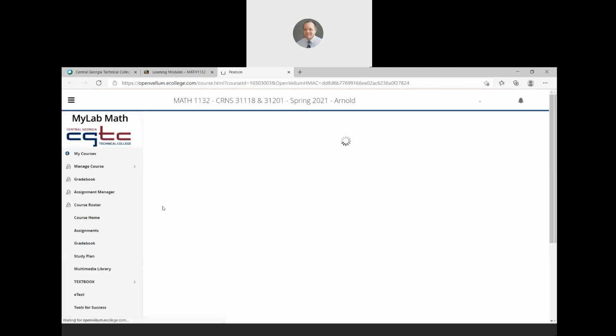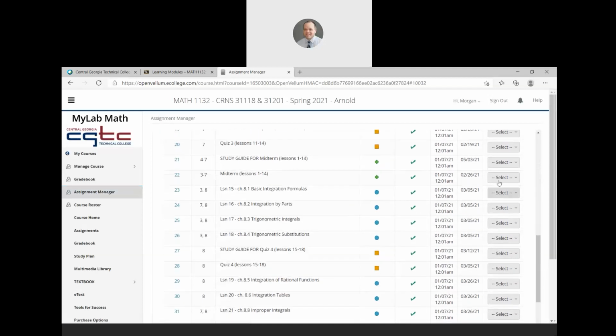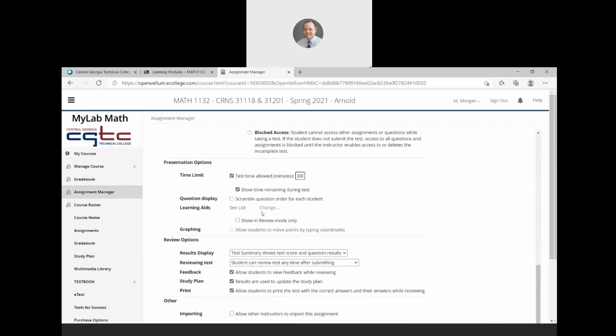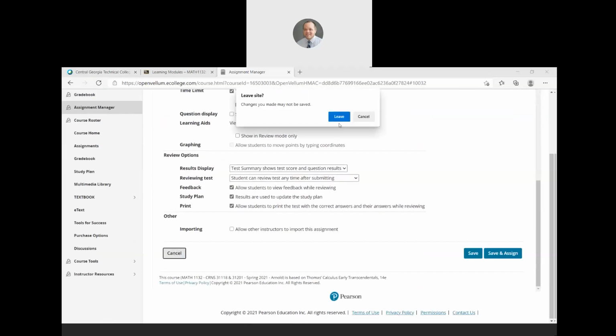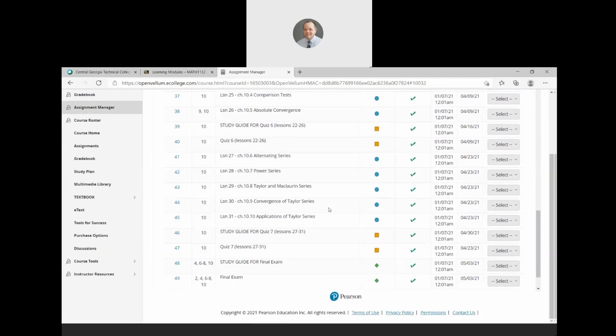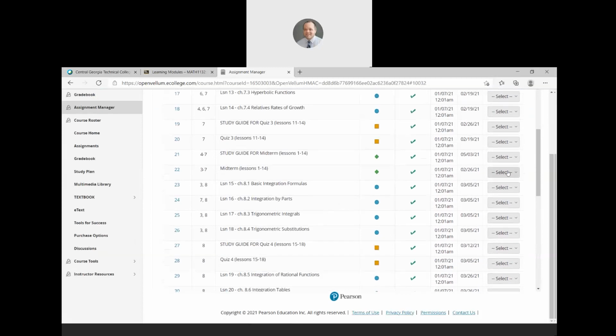So let me go to the midterm exam and actually go to the assignment manager and see if I can change the settings. I'm just going to go question by question and see which ones have what help tools.